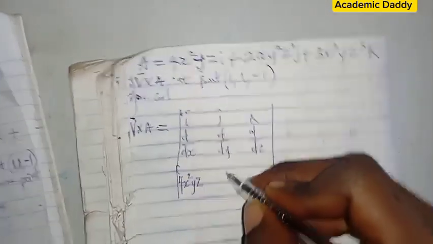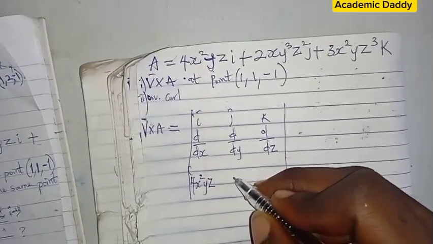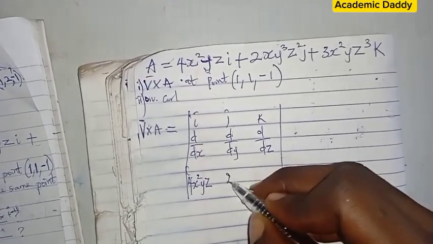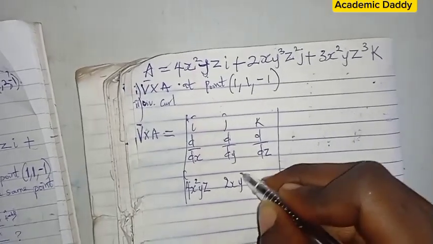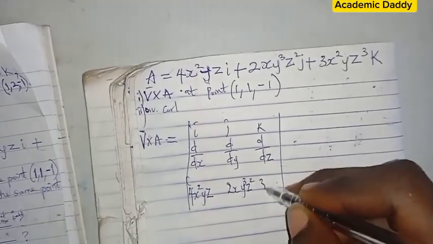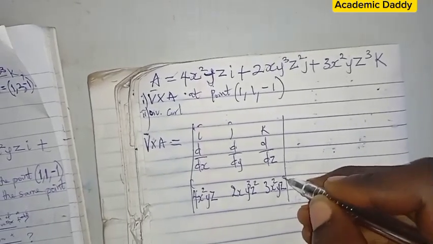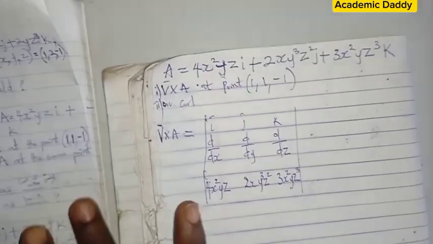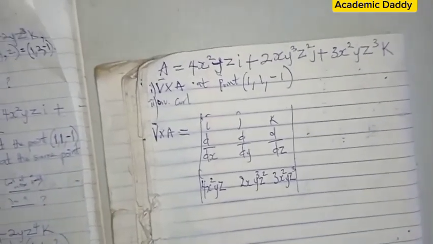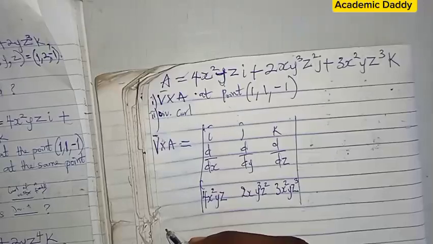For the j part I have 2xy cubed z squared. Then for the k part I have 3x squared yz raised to power 3. Is that what I have? Yes.